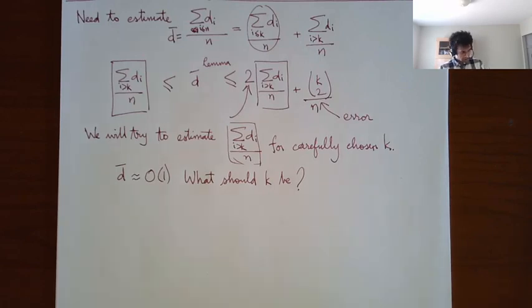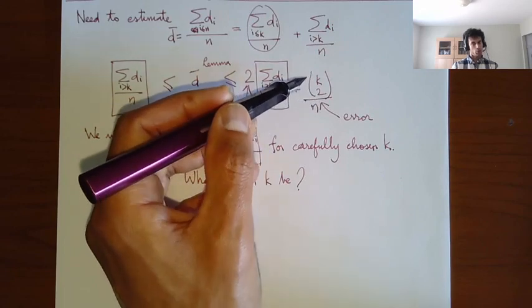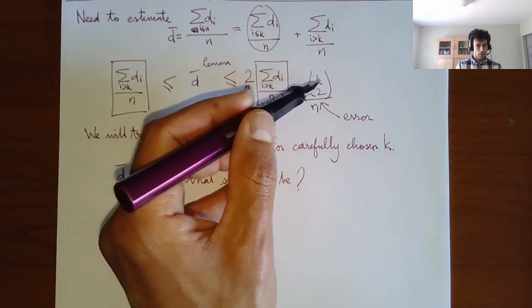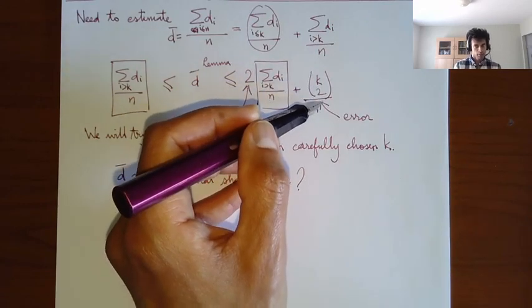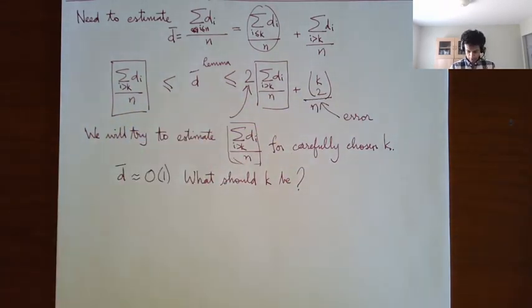Square root of n. Because if you choose k to be square root of n, then square root of n squared, which would be n divided by n, this would be O of 1. And then by choosing some epsilons, we can make it smaller than the average degree.